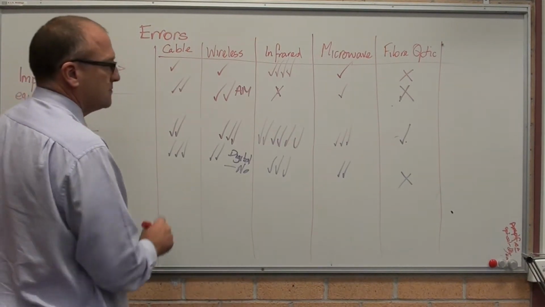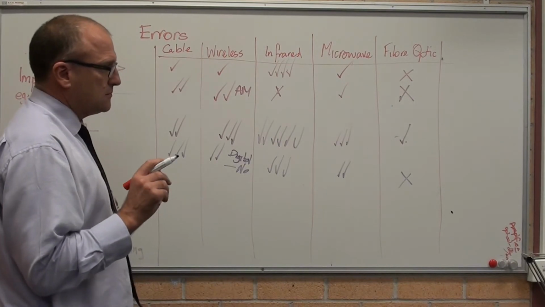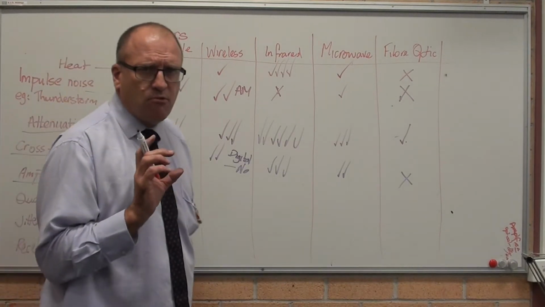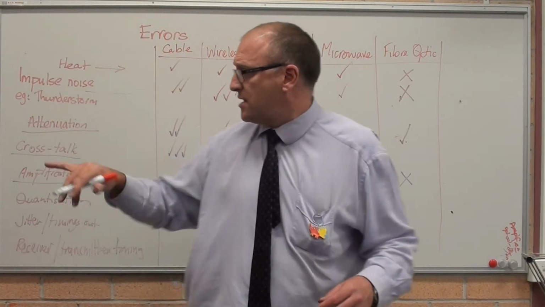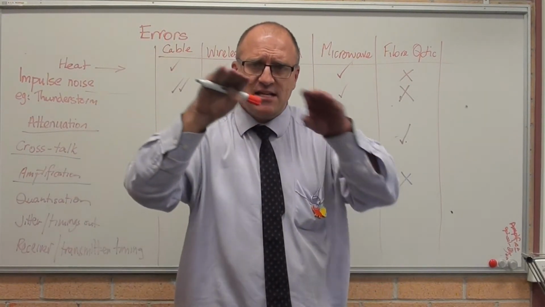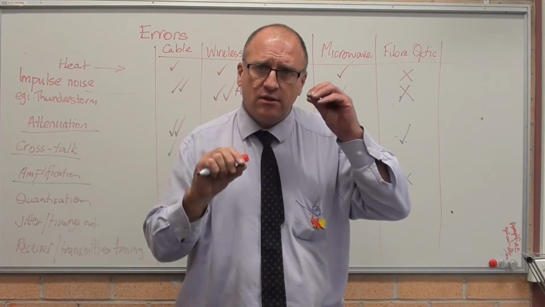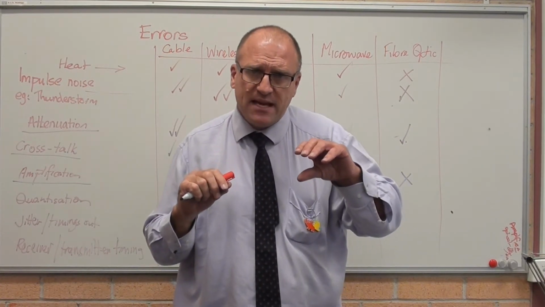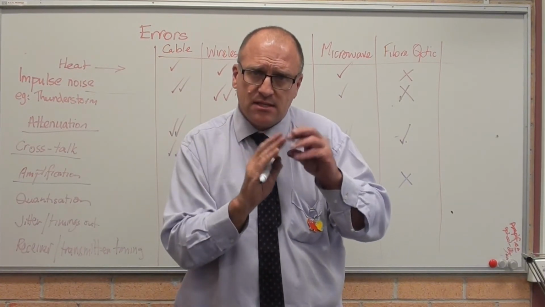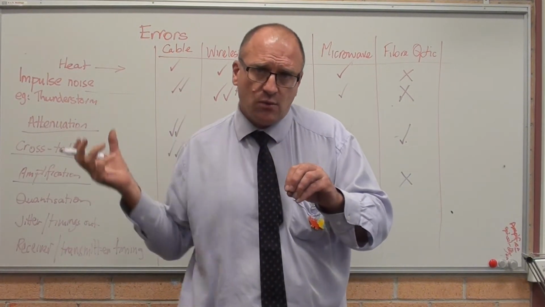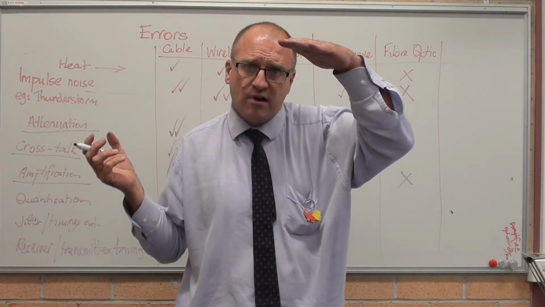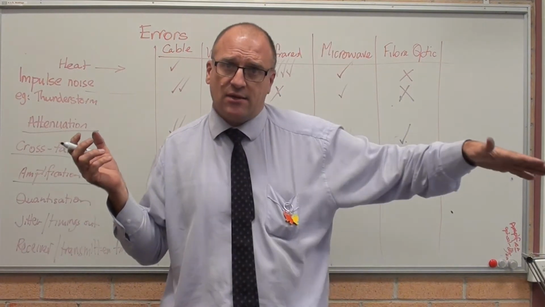Amplification. Digital is great because if a signal degrades, attenuates, from 100% strength down to 40% strength, when it gets to a repeater station, the repeater station says that was the original digital signal, throws away the original, creates a brand new digital signal and sends that down the line.